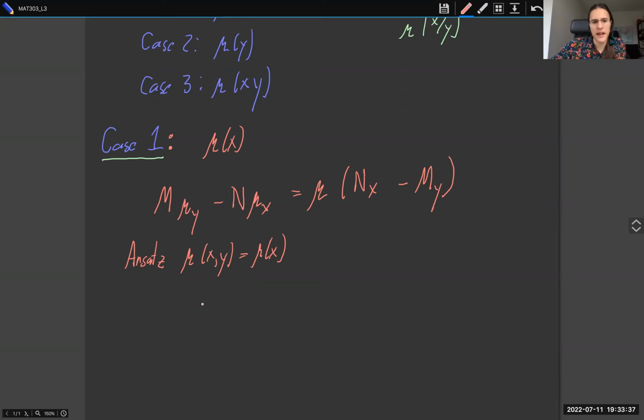It's just 0. So we get, as a consequence, that minus N mu_x is equal to mu times (N_x minus M_y). And when I write mu_x, I actually mean mu prime, because it's just a single variable function.